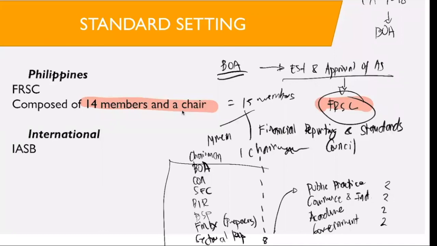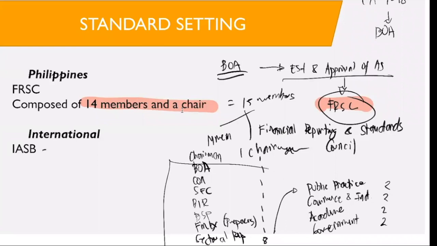The standard setting body in the Philippines is known as your FRSC. How about the standard setting body that is composed by your international body? The standard setting body internationally is known as your IASB.